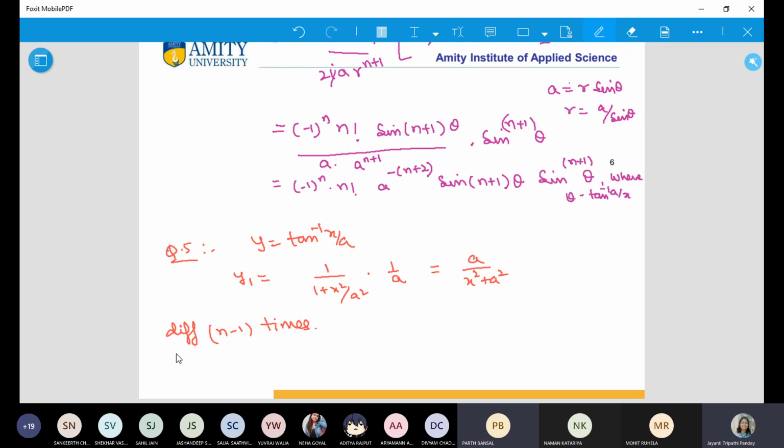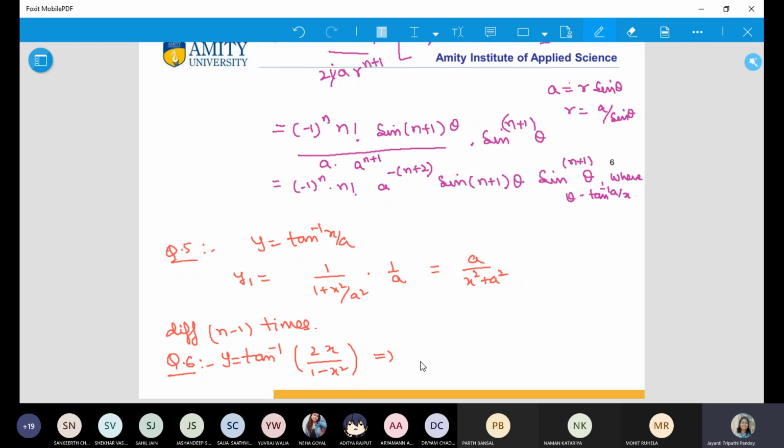Yes, ma'am. Now there is the next type of question, that is a direct output of this: find the derivative of tan inverse 2x upon 1 minus x square. Then what will happen? You know this is the formula, the formula for 2 tan inverse x.